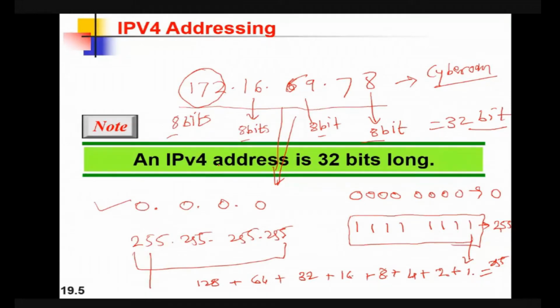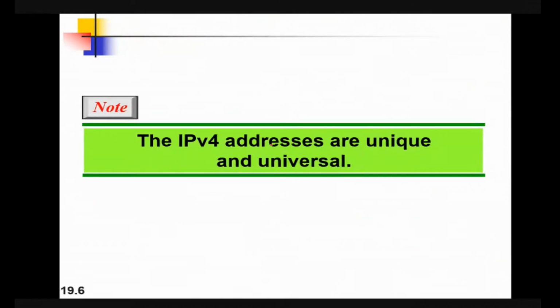Just remember that an IPv4 address is 32 bits long, and is represented either using dotted decimal notation or binary dotted notation. IPv4 addresses are unique and universal. You will understand this when we go further.